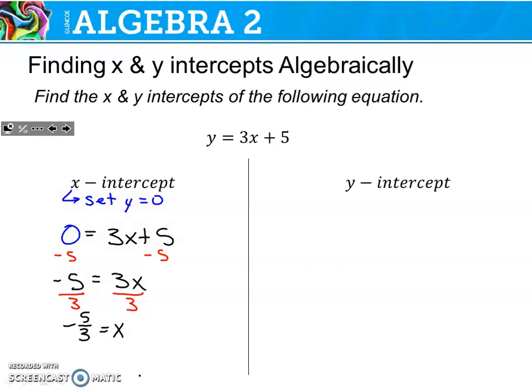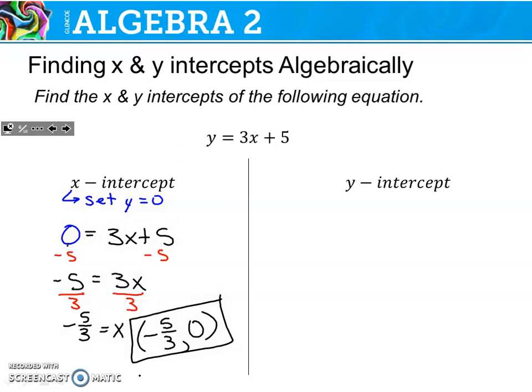My x-intercept is -5/3. Not my final answer, though, because we want to write these as points. So -5/3 for my x, and then we had a 0 for my y. So the x-intercept of this equation is going to be -5/3, 0.